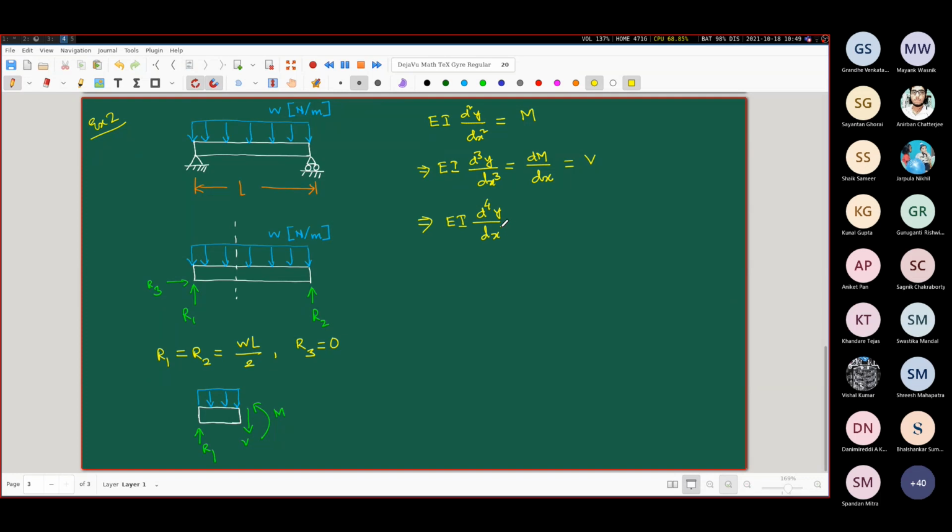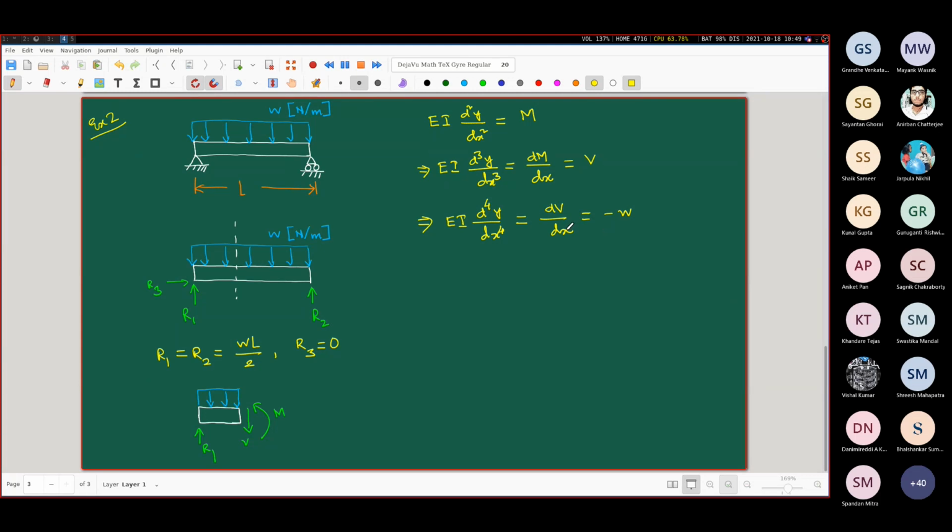So now this has become a fourth order differential equation. What is dV dx? It would be a constant. Minus w. Minus w. Yes. Okay, so dV dx is equal to minus w. So we had not utilized these things earlier that much.